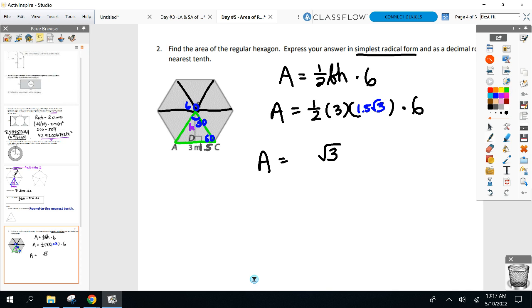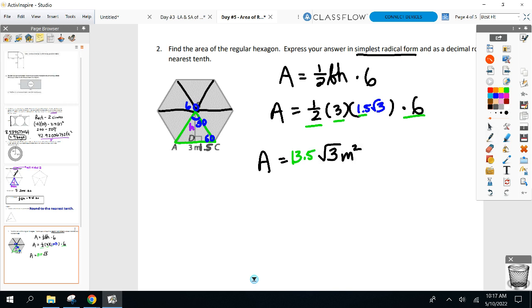And then everything you have left over should be multiplied. That would be simplest radical form. It's kind of like leave it in terms of pi. Put the radical in your answer and then multiply everything else. And you guys are getting 13 and a half, I hope. 13.5 radical 3 meters squared, because it's area.